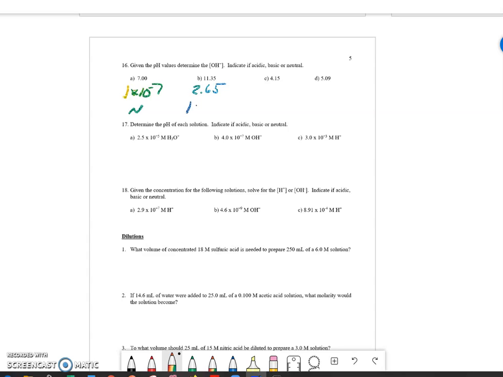And then again, I could take 10 to the negative 2.65 on my calculator. I'm taking this pOH here and raising 10 to that number, and that'll give me my OH concentration, which in this case would be 2.2 times 10 to the minus 3. So that would be your answer there. And then you can kind of keep going along with the same way. Again, I can do these for all of these problems.